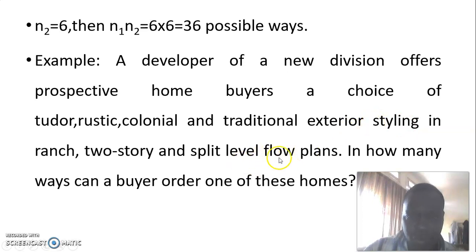Then the floor plans, there are 3: ranch, two-story, and split-level floor plans. So for you to choose, you first have to choose the exterior styling and then the floor plan. For you to choose the exterior styling, there are 4 different ways of doing that.